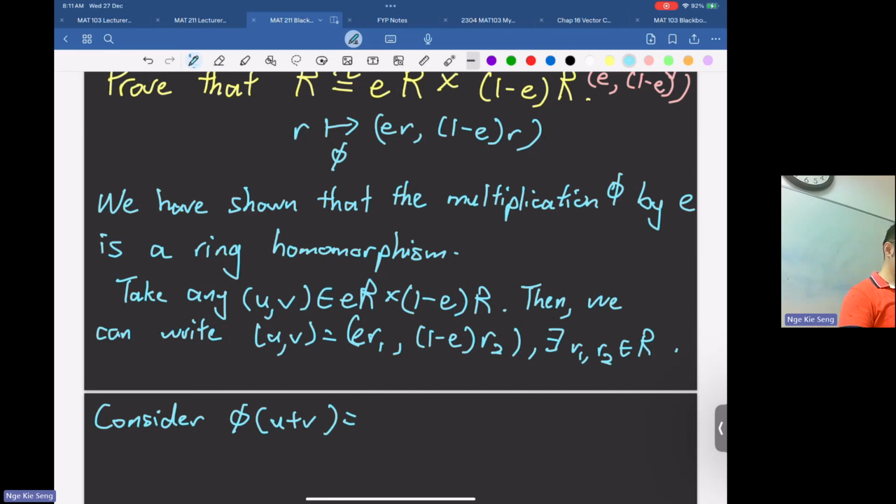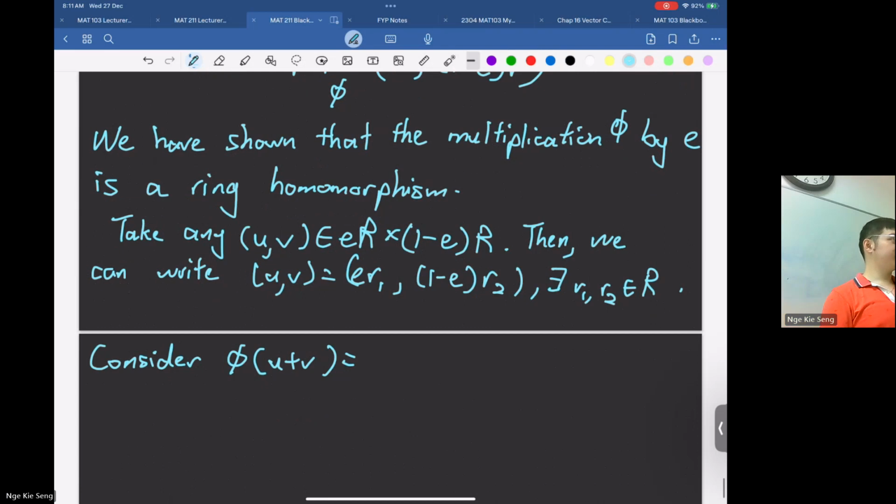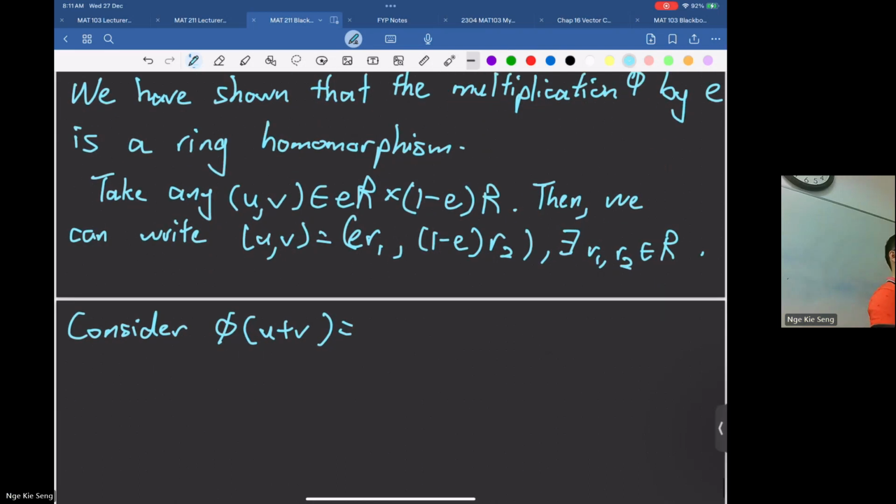So where should u plus v go under phi? E times (u plus v), comma (1 minus E) times (u plus v). Okay, but you can't quite do anything here. But we have u, v in terms of E, right?